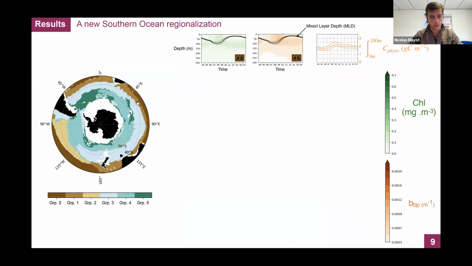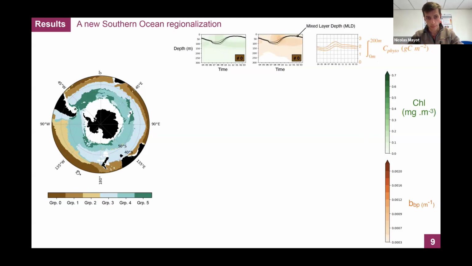So, for example, for this region in brown, this figure represents the time series for chlorophyll in green, from 0 to 300 meters, over a year. Here is BBP in orange. And the third graph represents the vertical integration of BBP, which has been converted into a carbon associated with phytoplankton based on some relationship.